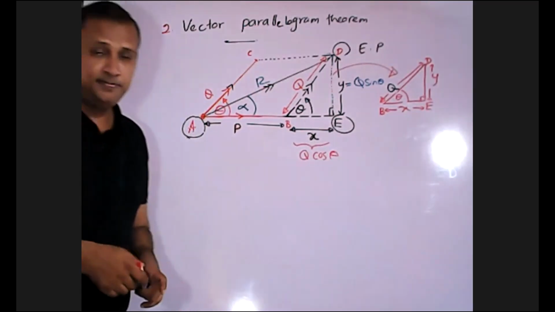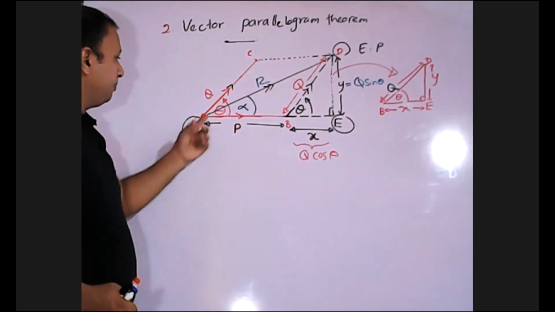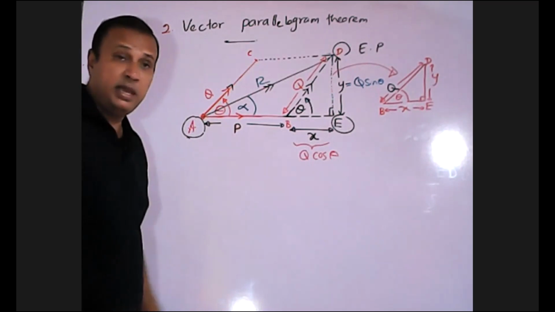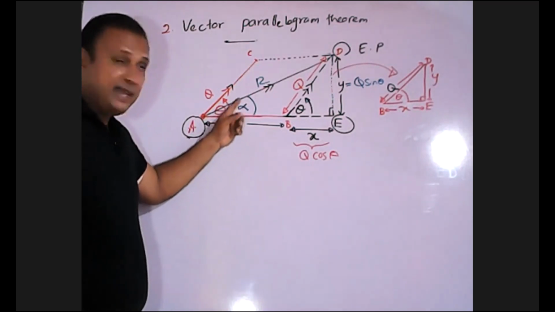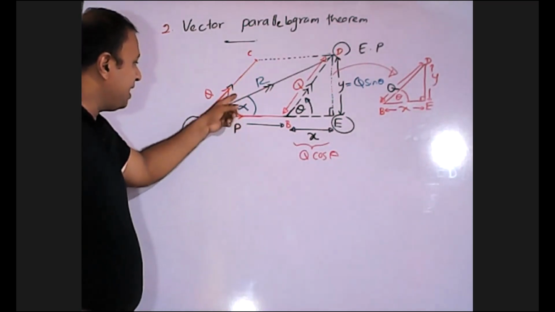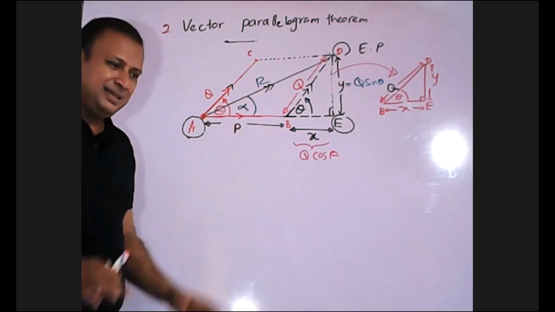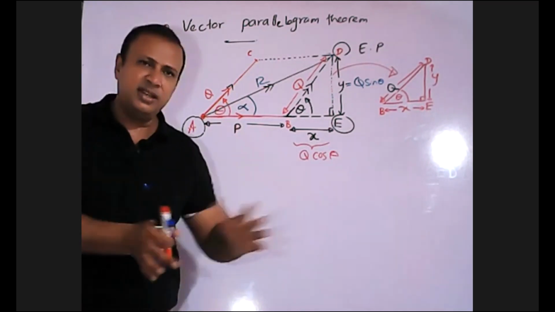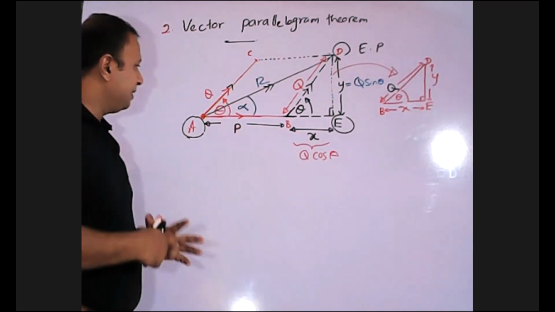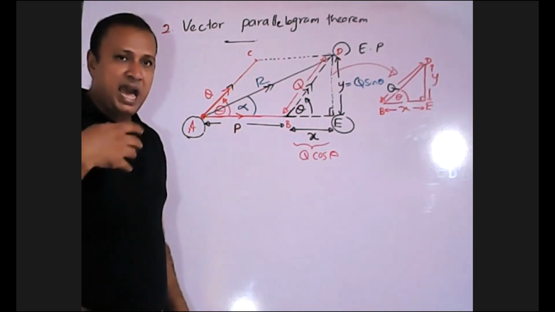How to find direction? Normally, the direction is defined as the angle between P and R. This is actually not a definition, it is a thumb rule. Thumb rule means it is not a hard and fast rule.